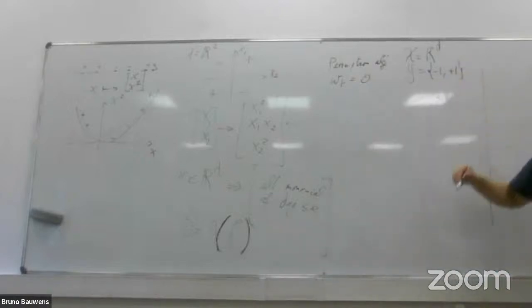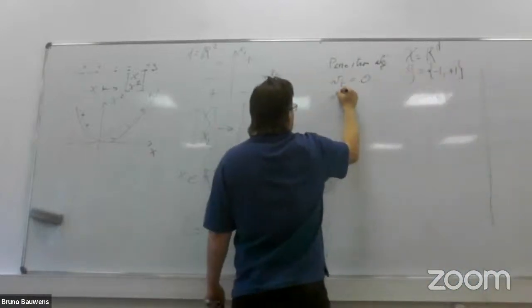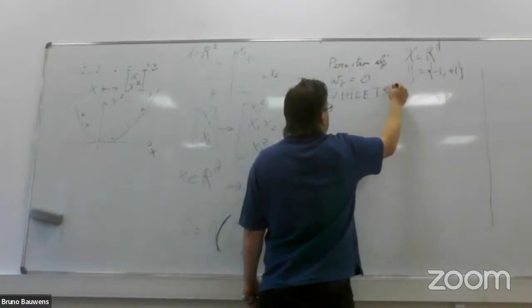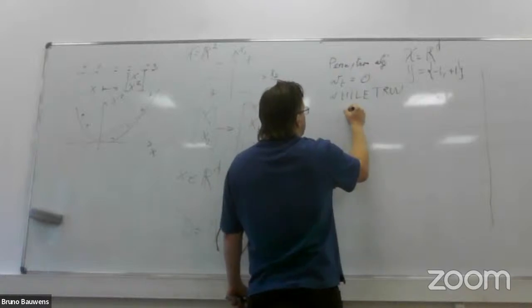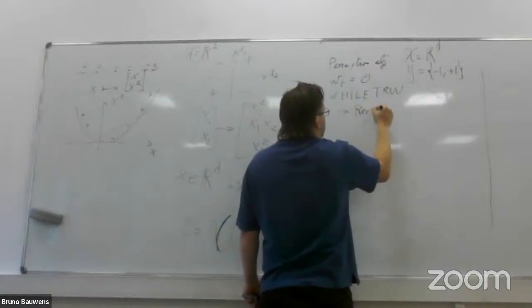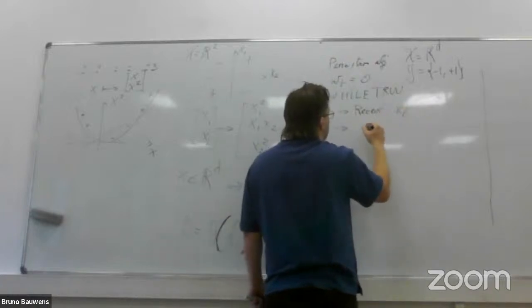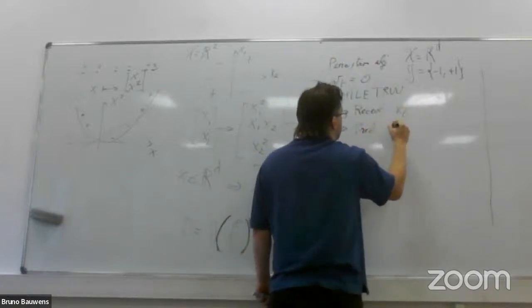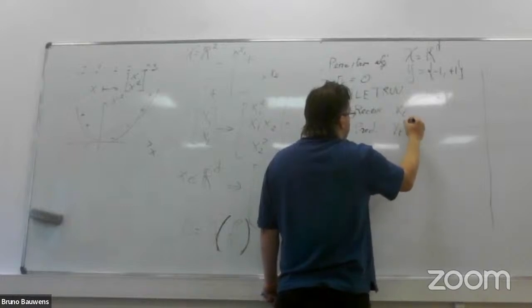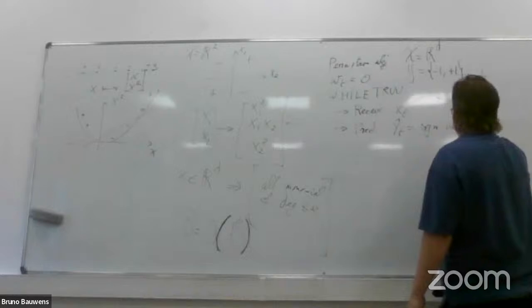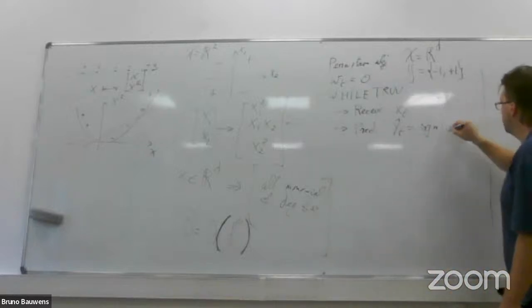This is important. Then, while true, receive x_t, then predict y-hat_t equal to the sign of w_t times x_t.